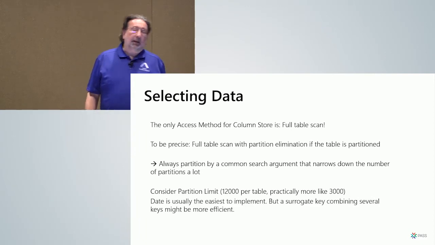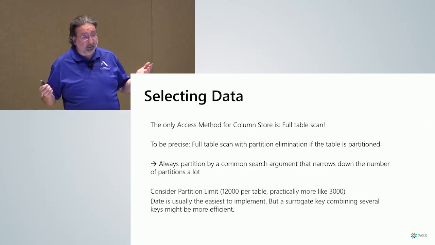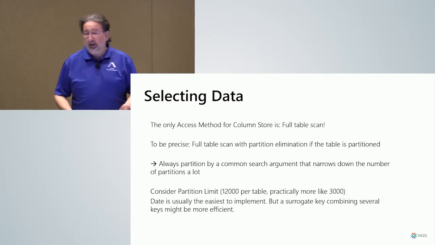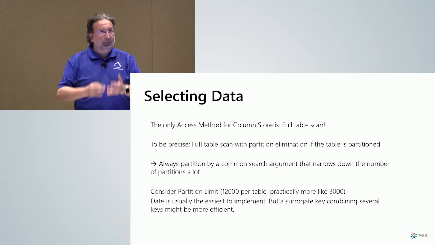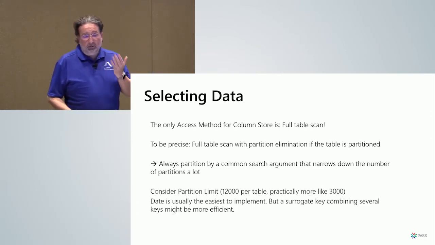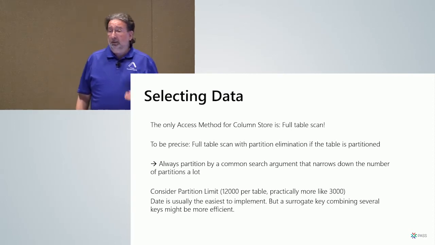Most people like to partition by date because that's convenient. You usually have your data processed on a daily basis, so you already have a date column in it. It seems like a reasonable chunk of data at a time. Sometimes that might not be detailed enough.